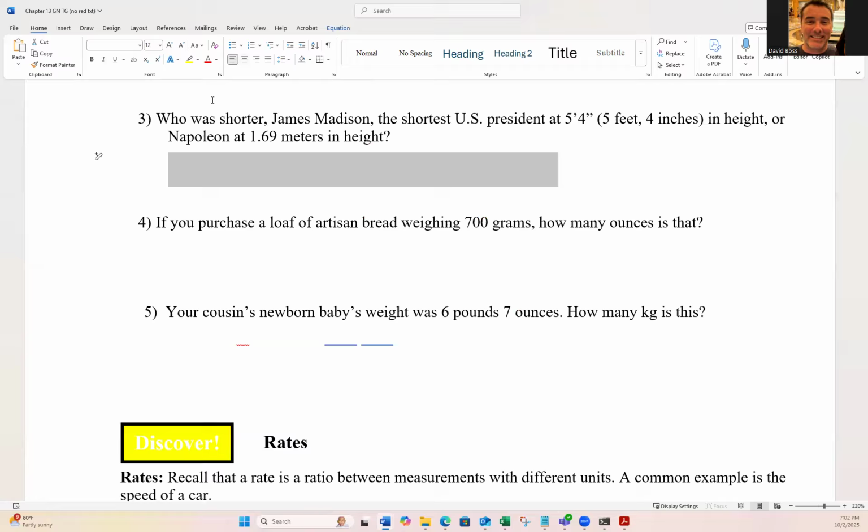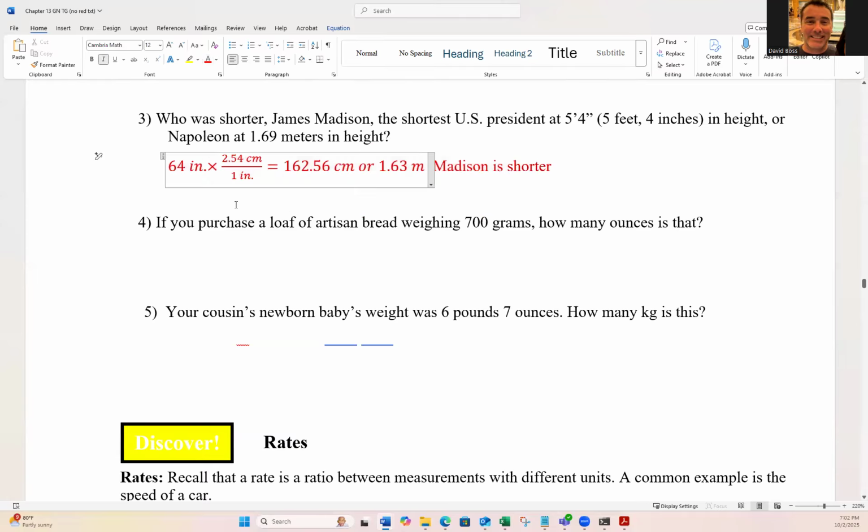So we're going to inches to centimeters, then to meters. Okay. So we got to turn 5'4" into inches. So 5 feet, 5 times 12 is 60, plus 4 inches is 64.